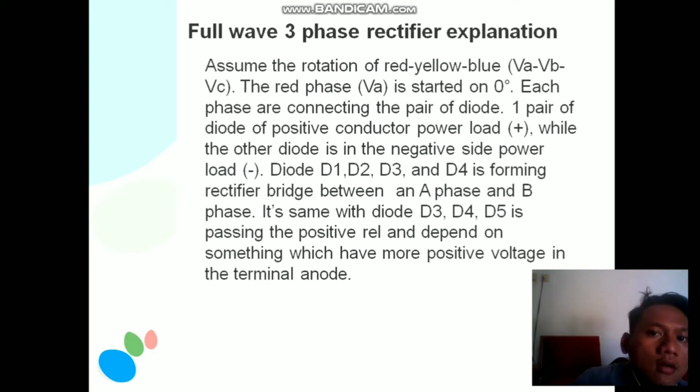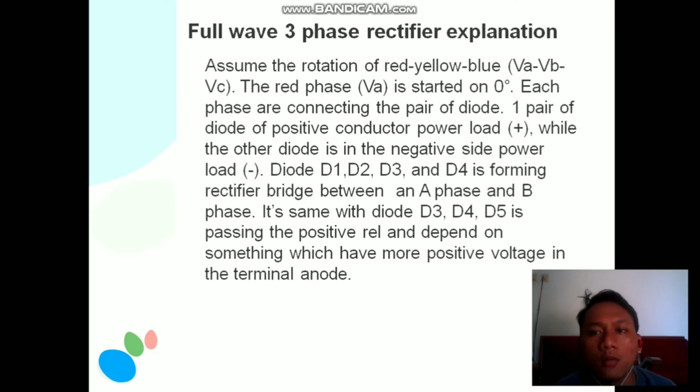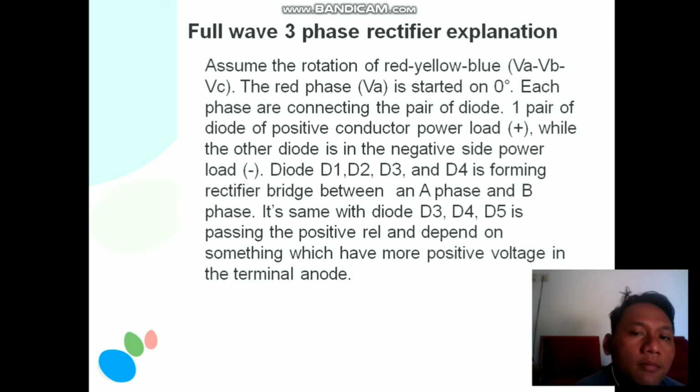Assume the rotation of red, yellow, blue, VA, VB, and VC. The red phase, VA, is set at 0 degrees.